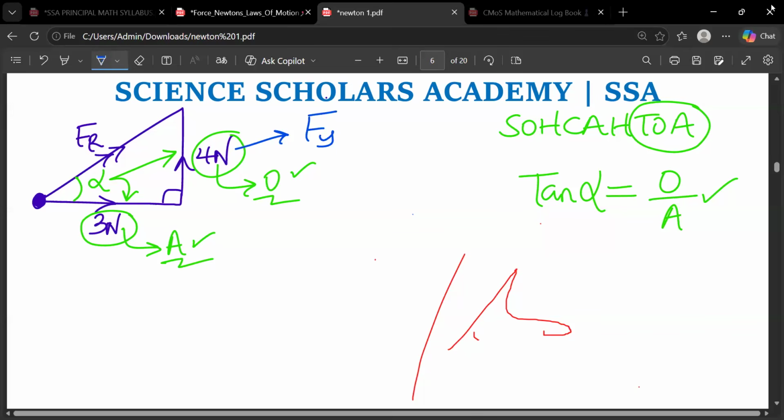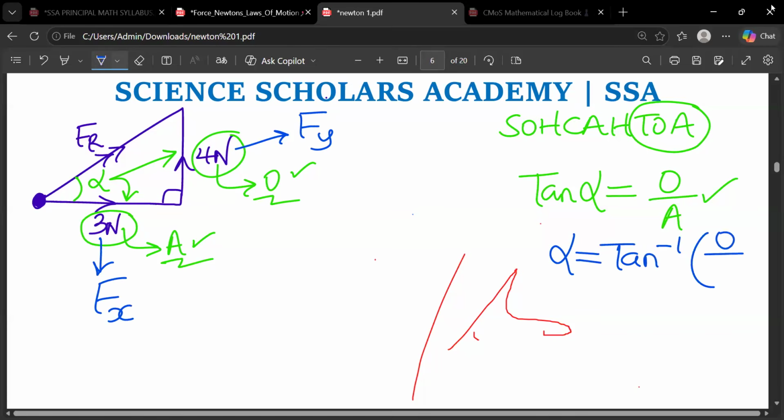The 4 newtons is the force in the y plane, and the 3 is the force in the x plane. You all know that. So if you're to get this angle for the resultant, you're supposed to say tan inverse opposite over the adjacent. Are we together?